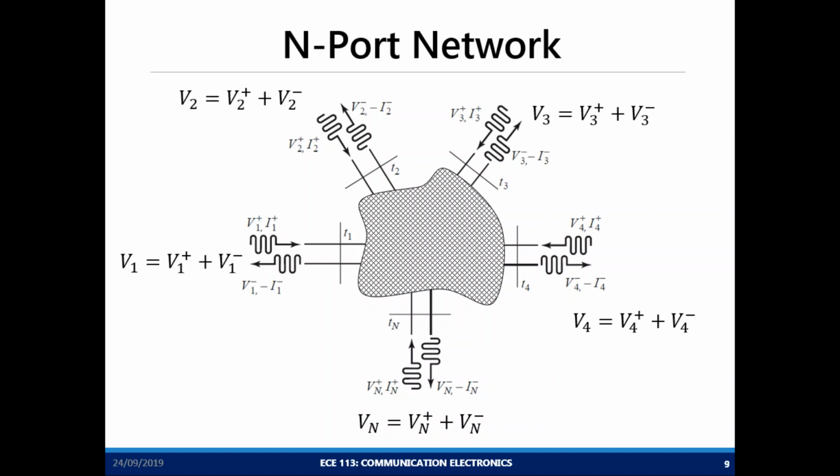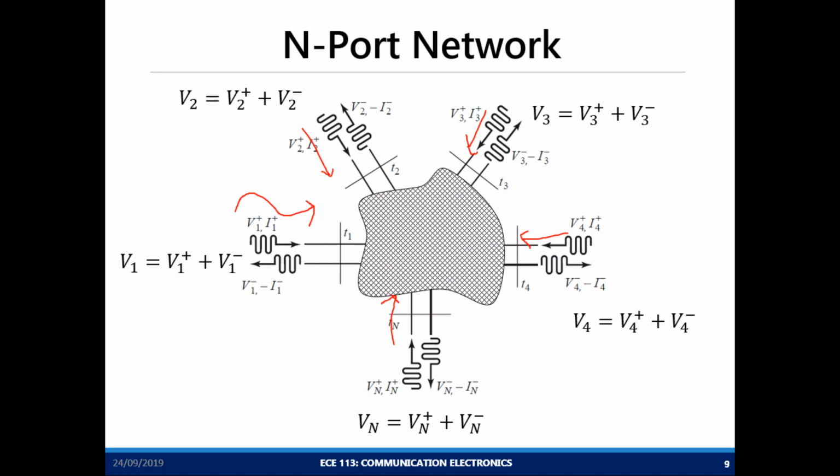If you have a high frequency input, you can think of the voltage as a traveling wave going inside your network. So you have traveling waves going inside the network from different ports, from different sources.